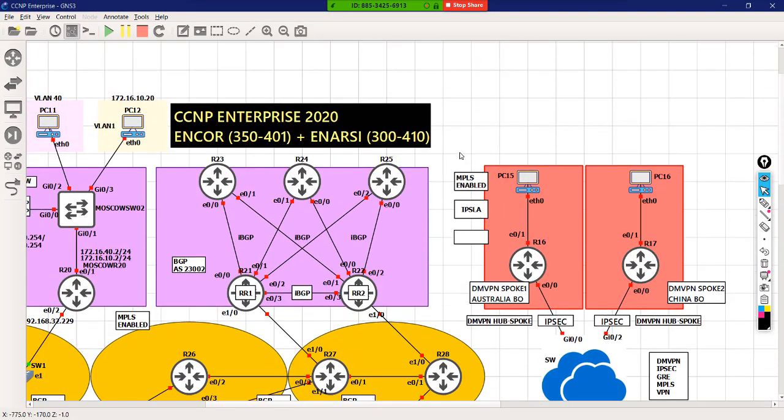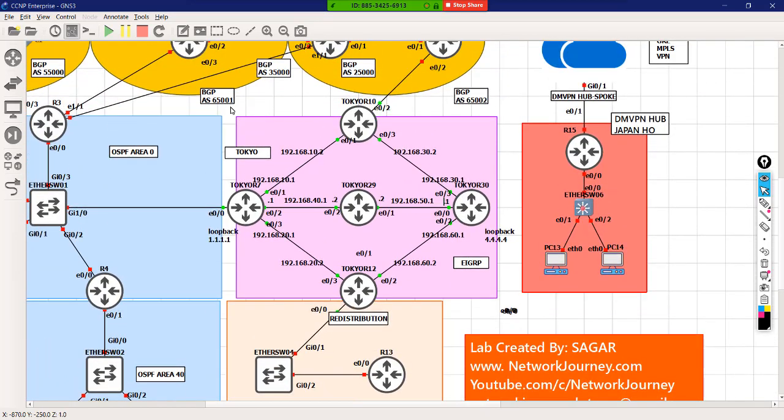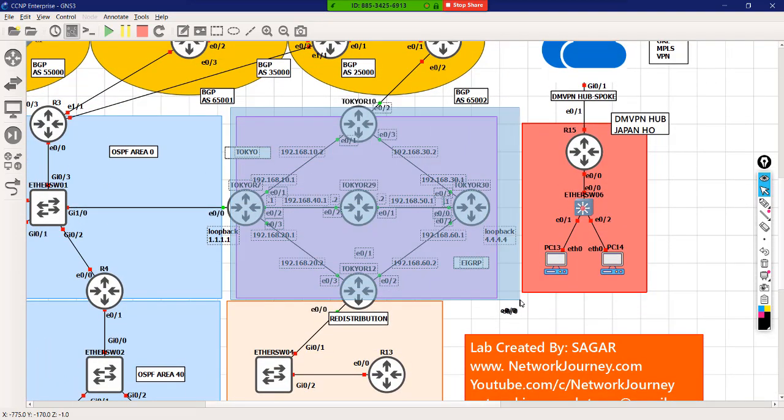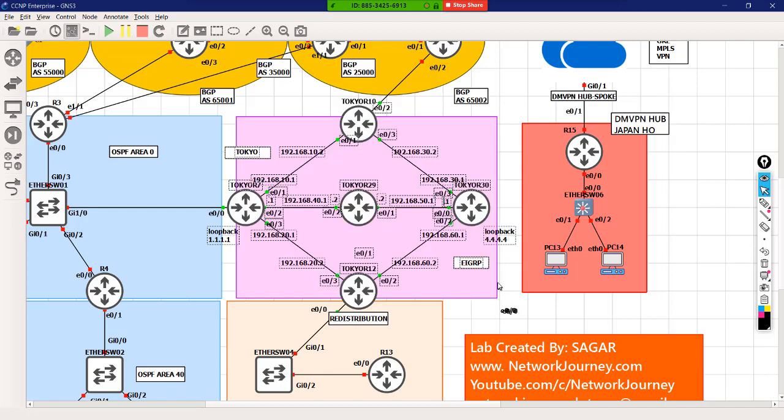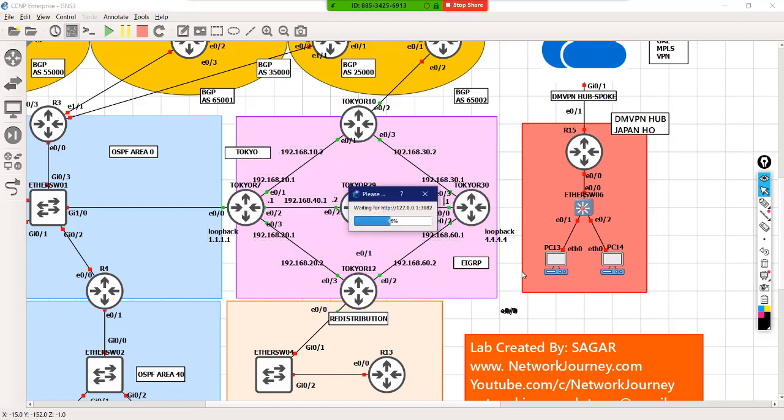Let's say this is a topology where I would like to test my EIGRP functions. I am going to consider this as source and this as destination.